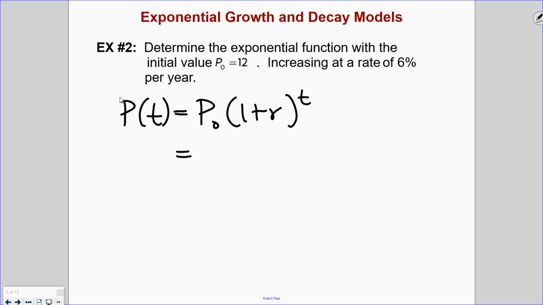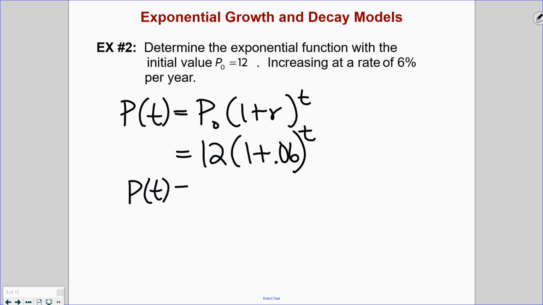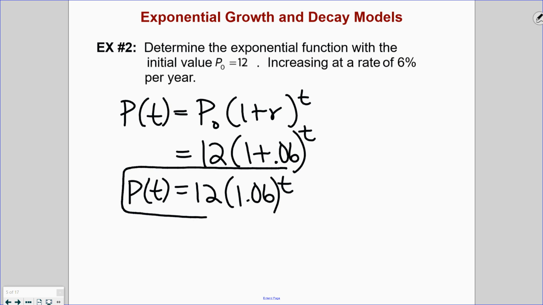Instead of P sub 0, we put 12. That's the initial value. And it's 1 plus the rate of 6%, which we're going to use as a decimal, 0.06, raised to the T. And then the final way we might want to write that is go ahead and add together that 1 plus 0.06 as 1.06 to the T. So that would be our equation that models that situation.